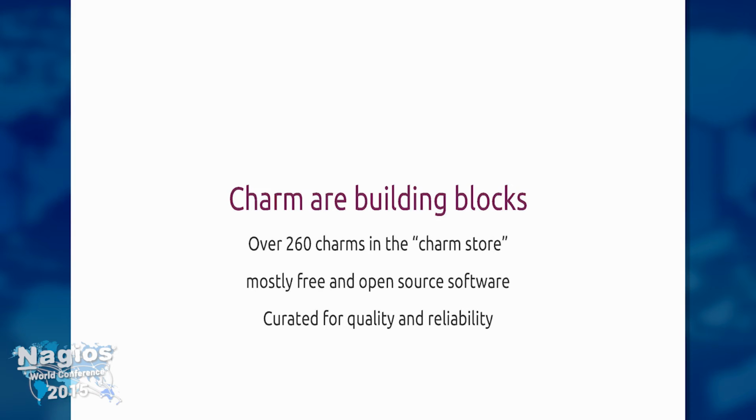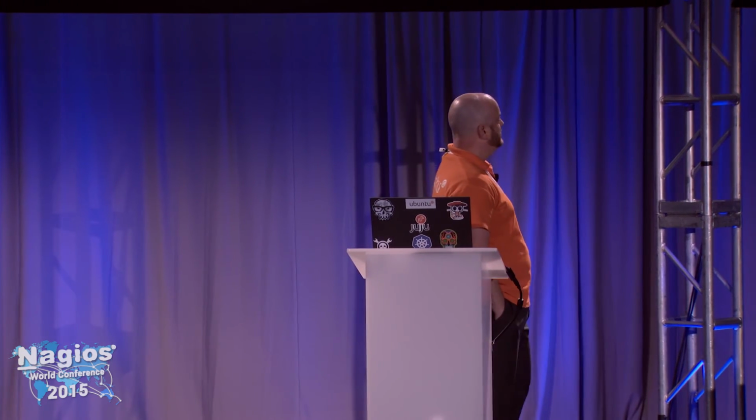All right, so charms are a building block. They're just a start. Rarely does anybody have a solution that's just one service, right? These are building blocks we try to make bigger solutions with. The charm store is a bit of a misnomer. We don't sell any charms.